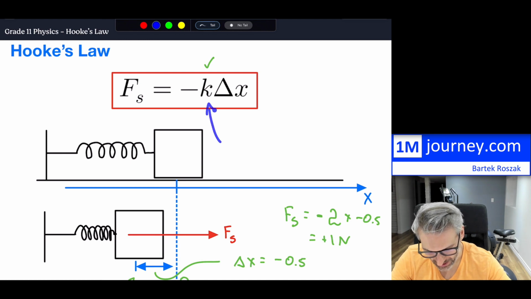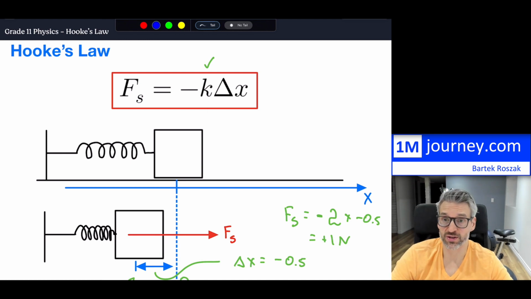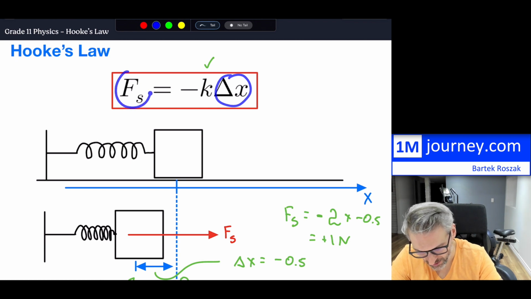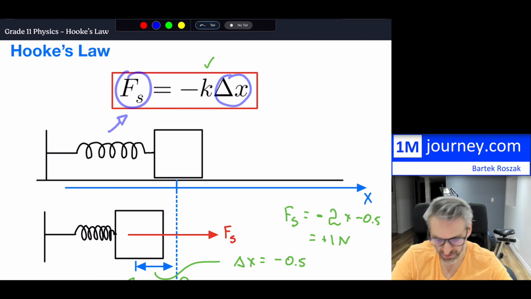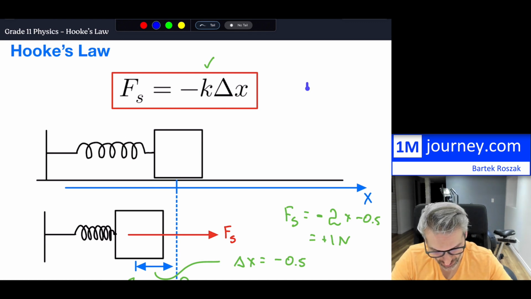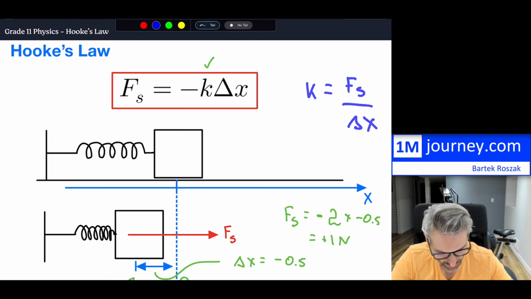This k again is just based on whichever spring, so typically this might be given, or you can solve for it, right? I mean, we can easily solve for it if we had the actual x, and this was given to us experimentally, we can find out what that constant will be. So typically, the constant k would be equal to whatever force the spring would exert over the actual distance that you have.